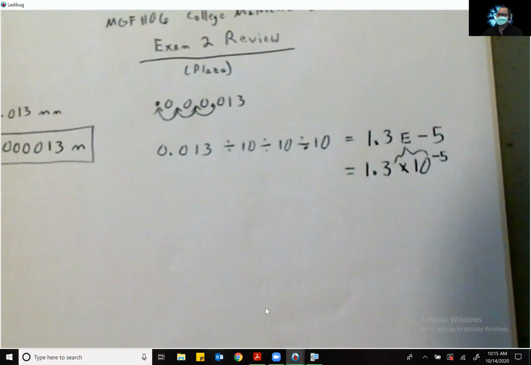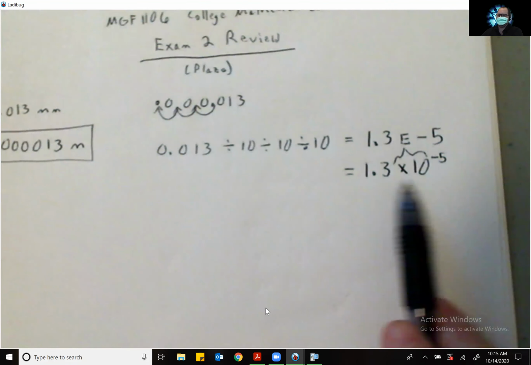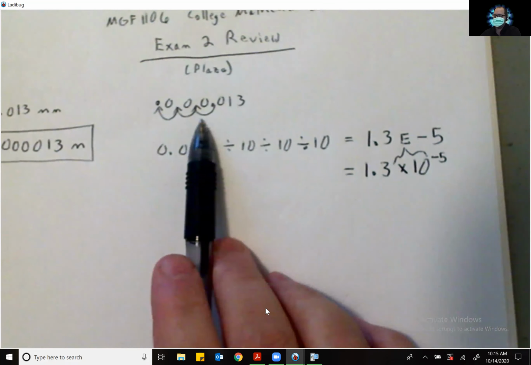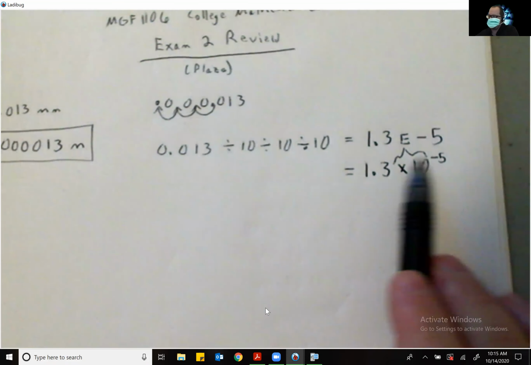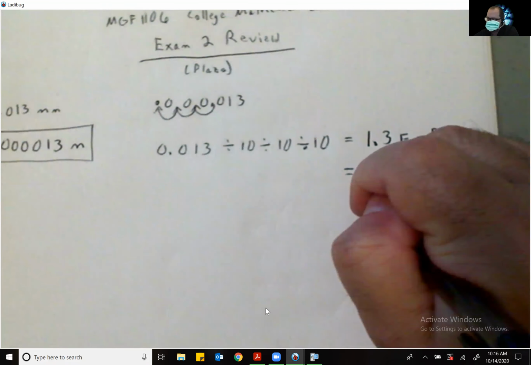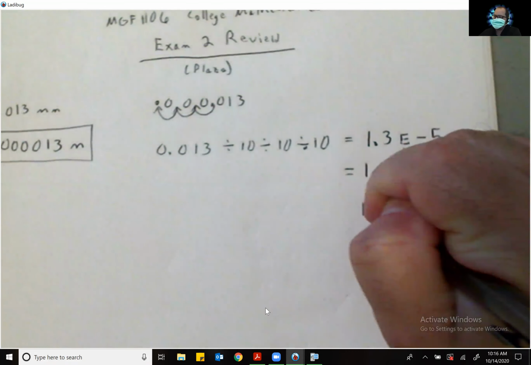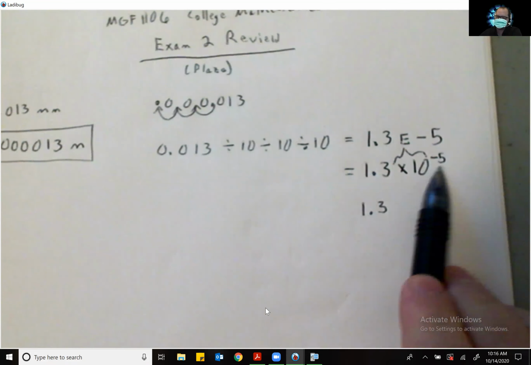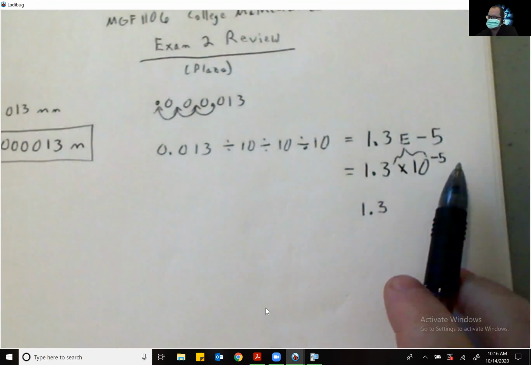The problem is, in my math lab, it doesn't want this. It wants the decimal. So if you go this route, you're going to have to move the decimal 5 places to the left. That's what a negative exponent means.